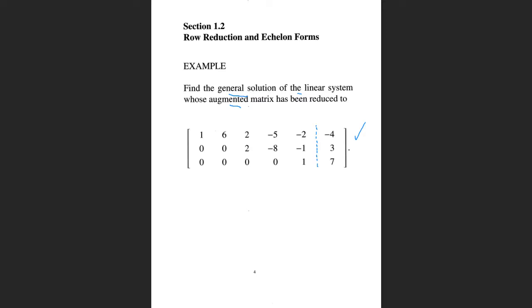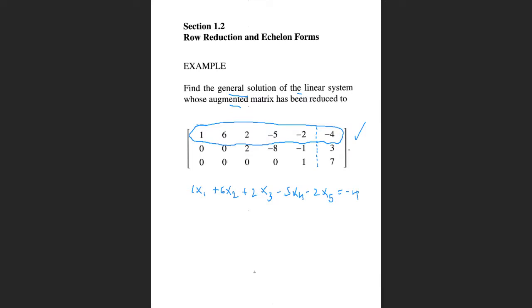So like the first equation here, the first row, well, how many variables are there in this problem? How many variables? Good, 5. So the first row reads 1x1 plus 6x2 plus 2x3 minus 5x4 minus 2x5 equals -4.